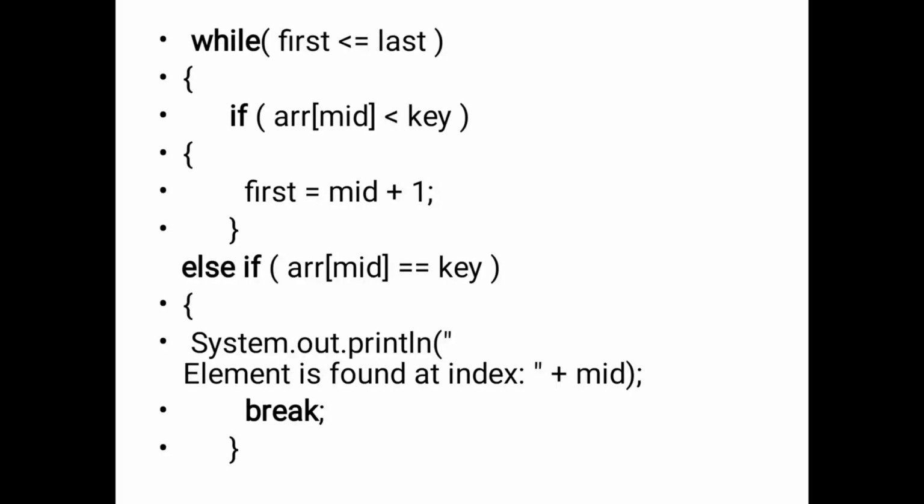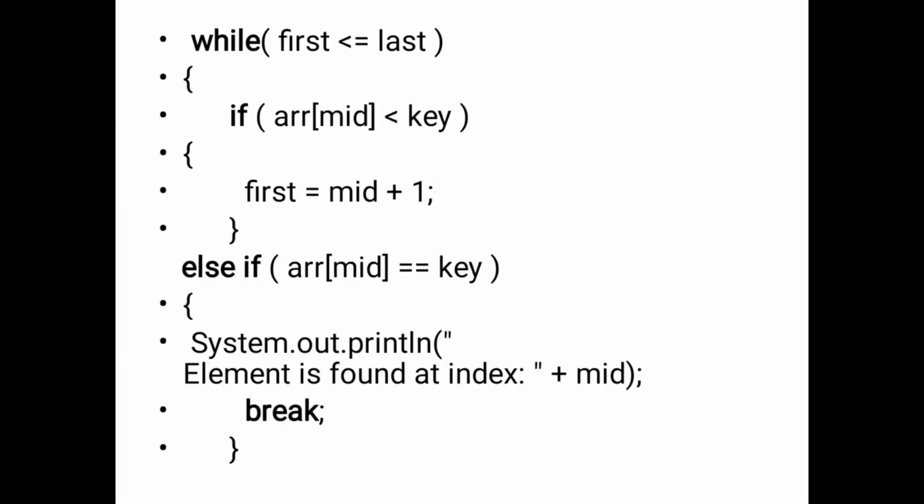We check the condition, first less than or equal to last, that is 0 less than or equal to 4, the condition is true. In the if condition, arr of mid, which is 30, less than 30, is false. Next, it will jump to the else case. arr of mid is 30, and 30 equal to key, which is 30, both are identical.